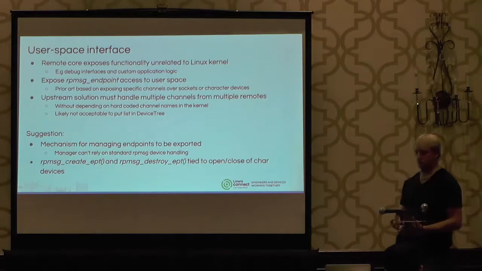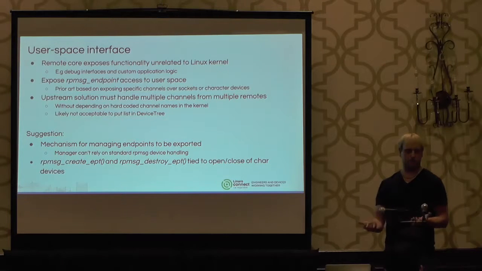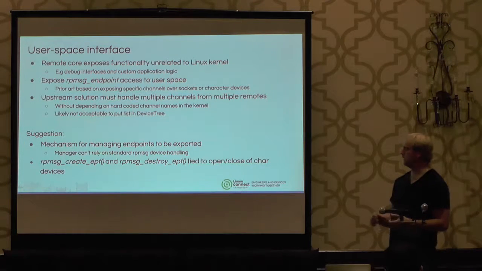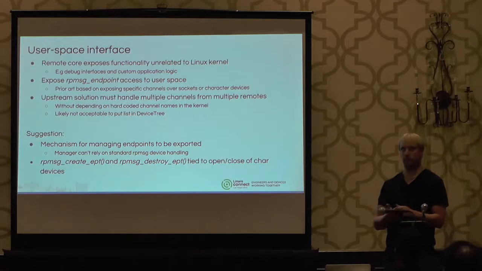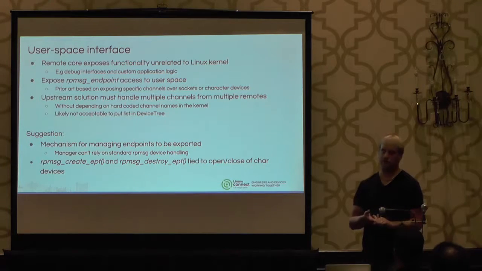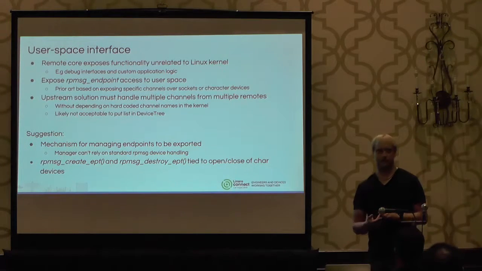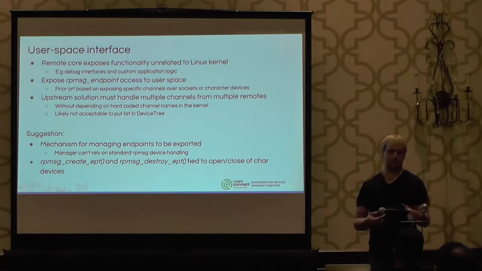So we need a way to expose the rpmsg endpoints to user space. The TI solutions are to expose specific ones as character devices. There is a protocol implementation, and there is one that's a mixture of sysfs and character devices. You have some that's specific, and then you can open or create additional character devices as you need.